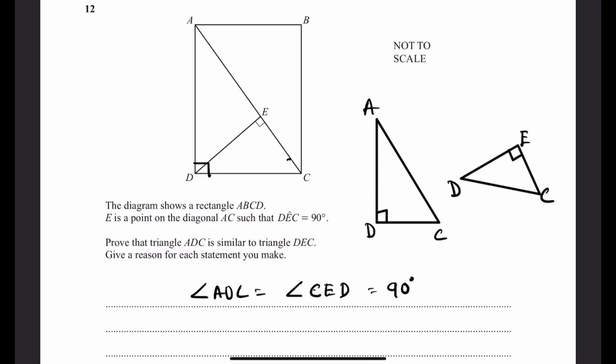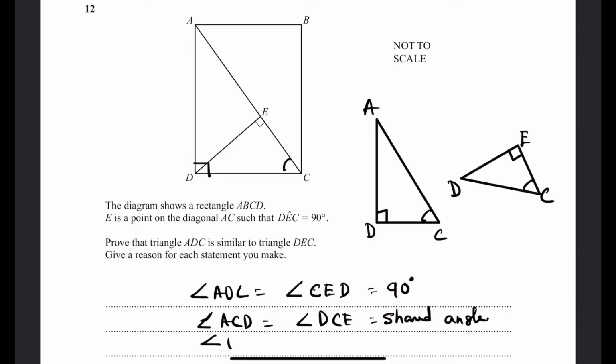Now this angle, I mean this angle or this angle, both are the same because they share the same angle. I mean angle ACD equals DCE. This is the shared angle. Okay.